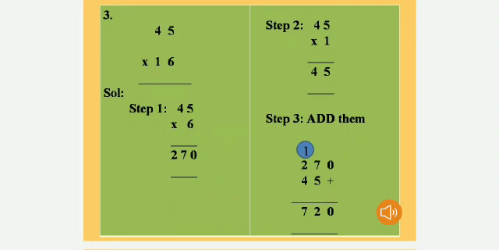I am not placing it in the unit place because in the multiplier 1 is at the tens position. 0 plus nothing, so you keep 0 as it is. 7 plus 5 will be 12, 2 down and 1 carry. 4 plus 2 will be 6, and this carry 1, total 7. It will become 720. So when we multiply 45 into 16, the product is 720.